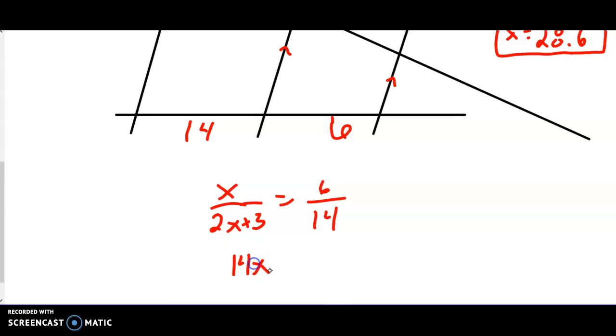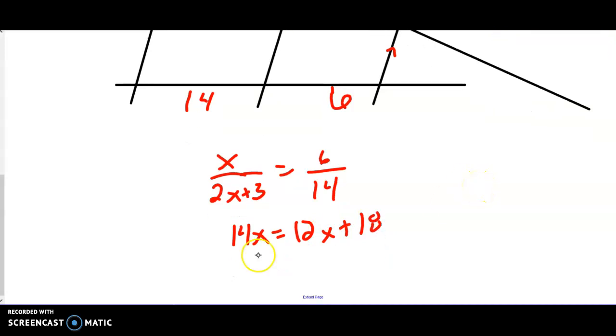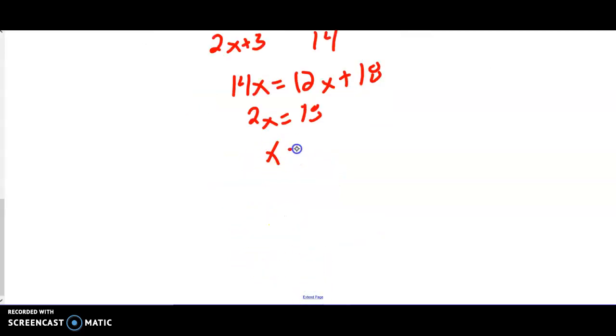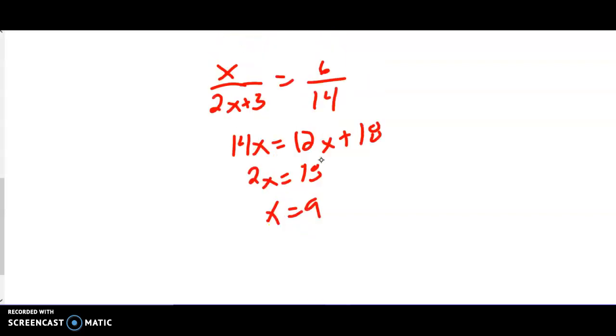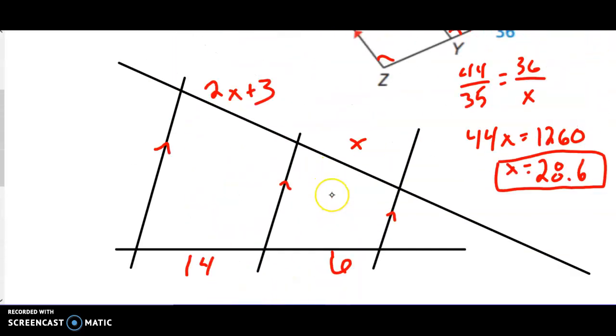So I have 14x equals 12x plus 18. Subtract my 12x and I get 2x equals 18, giving me x equals 9. And if I go back up here, I can plug those in and this one is going to be equal to 21.